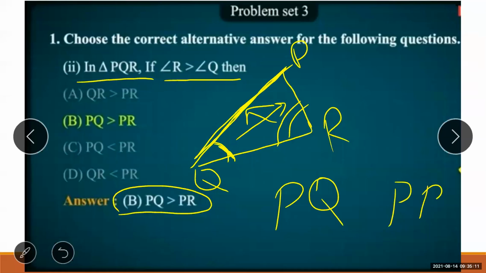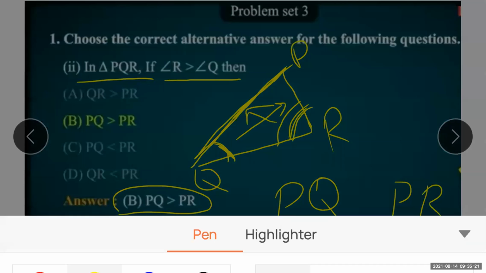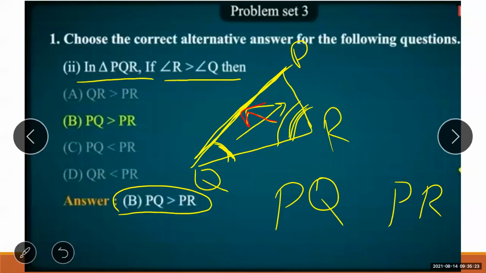Okay, for those two sides, as angle R is greater, the side opposite to angle R will also be longer, meaning greater. So PQ is greater than PR. So what will be the right option? PQ greater than PR. This is the right option.